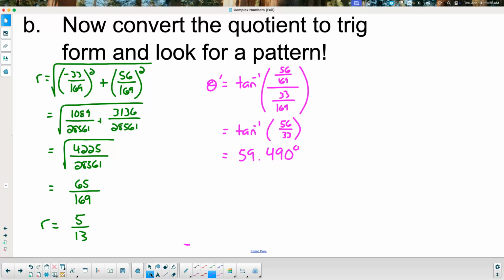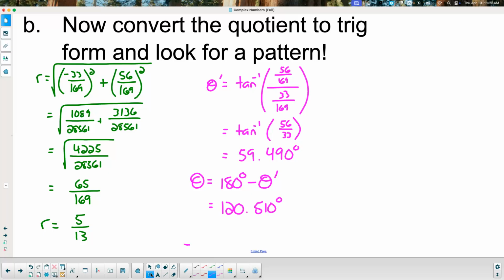Which quadrant is this one in? 2, right? Okay. So that means actual theta here is going to be 180 degrees minus my reference angle. So I get actual theta here as 120.510 degrees.